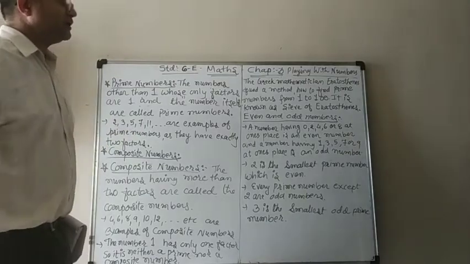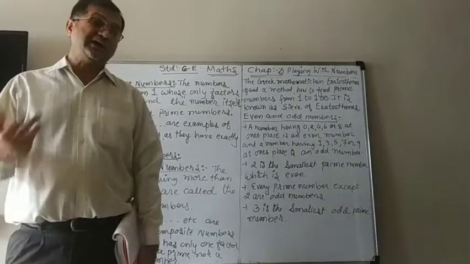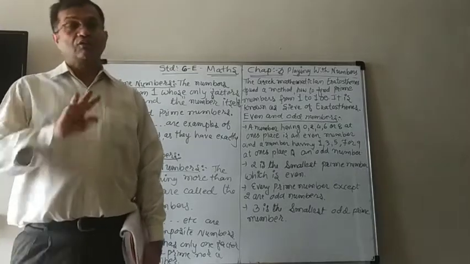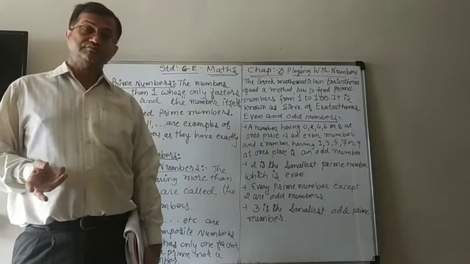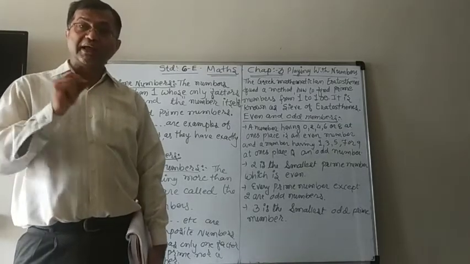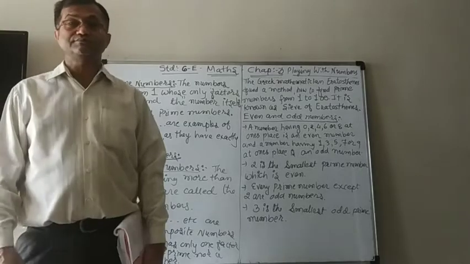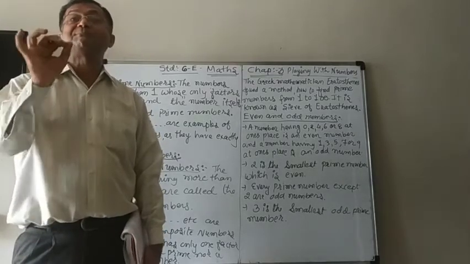For example, take the number 7. What are the factors of 7? 1 multiplied by 7, 7 multiplied by 1. So the factors of 7 are 1 and 7 only. It means that 7 is a prime number.